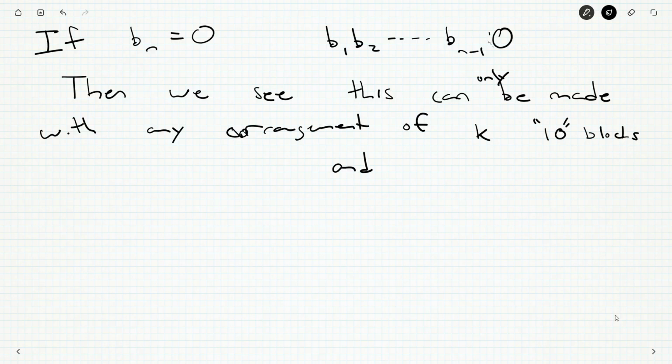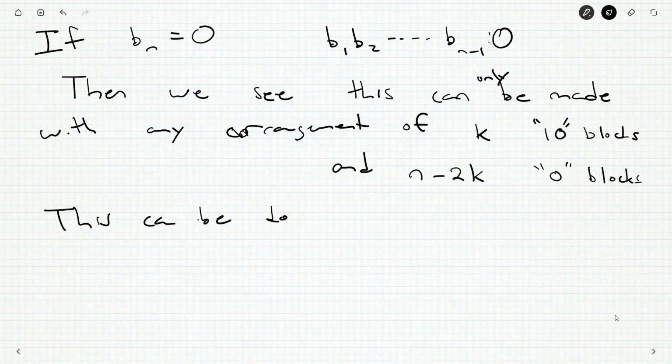And then we've got n things to deal with, minus 2k of them, 0 blocks. This can be done n minus 2k plus k, total number of blocks, and then choose where the 1 zeros go.